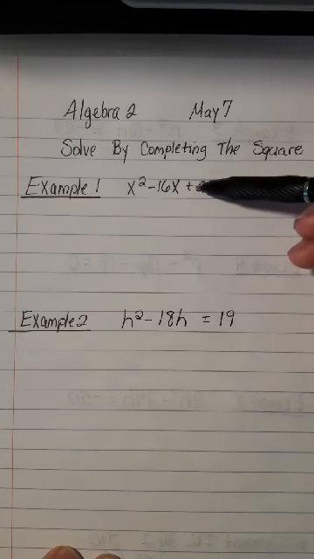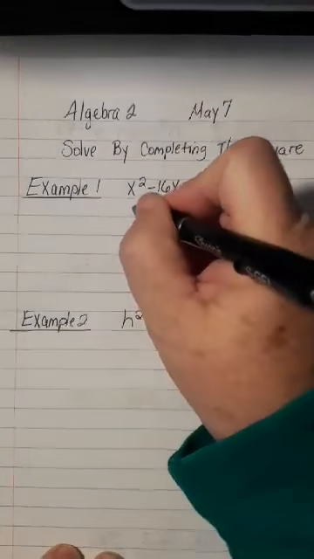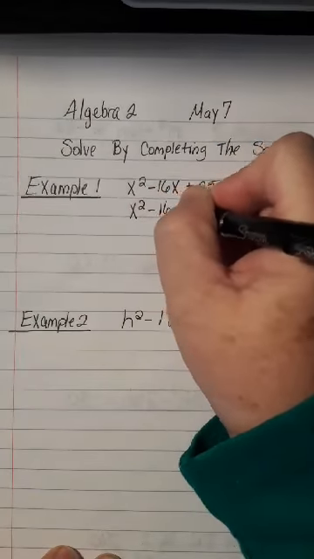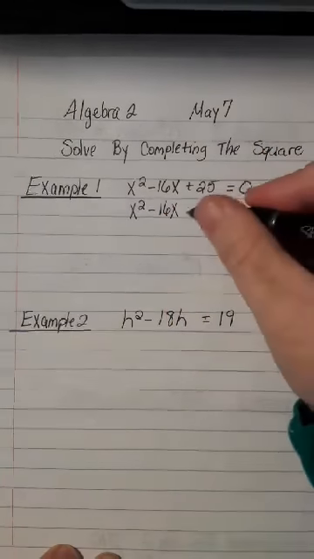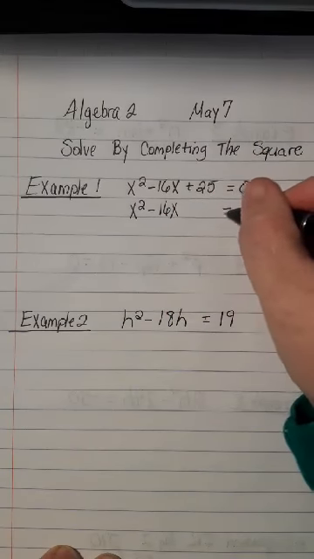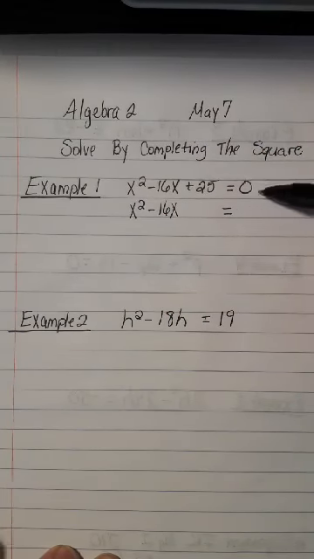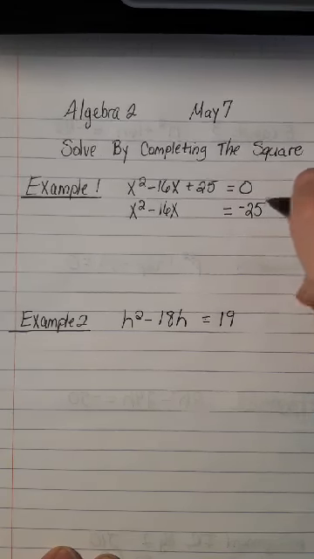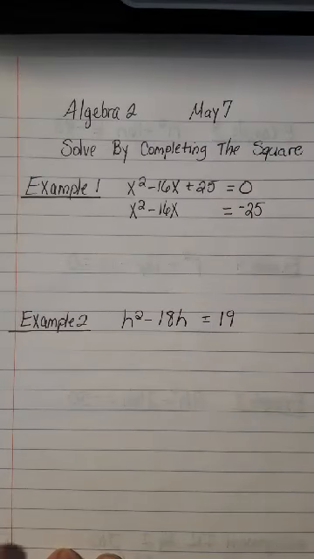So when we subtract it here, it's gone, and you're just left with x squared minus 16x. And I'm going to leave a space and then put my equals. And when you subtract 25 on the right side from 0, 0 minus 25 is negative 25. So that's our first step, to get C over on the right side.